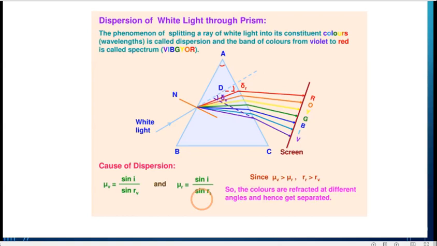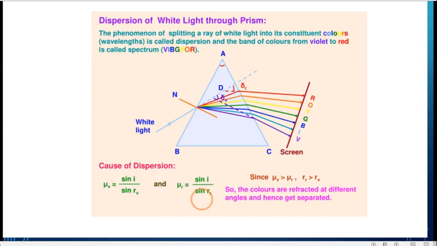But when a polychromatic beam of light, that is a bundle of rays, is incident upon a parallel transparent slab or a prism, the white light is separated into its 7 constituent colors. We call it dispersion of light.